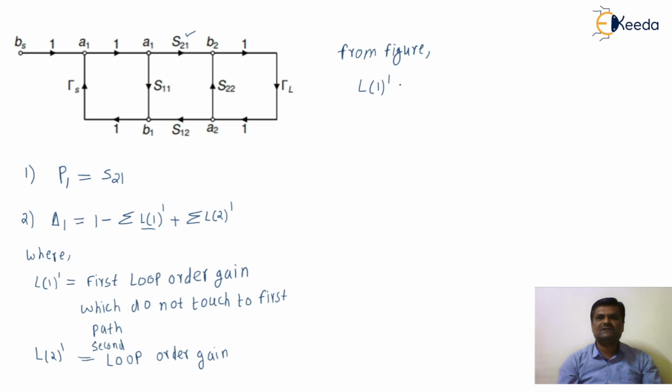So L11 equal to 0 and the second order L21 is also 0. Therefore, delta 1 becomes 1 minus 0. So what is the value of delta 1? Delta 1 equal to 1.